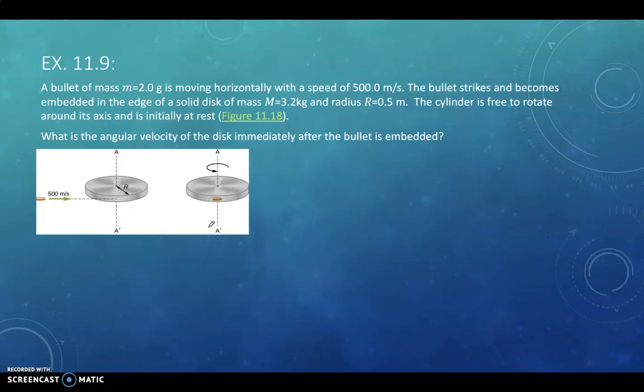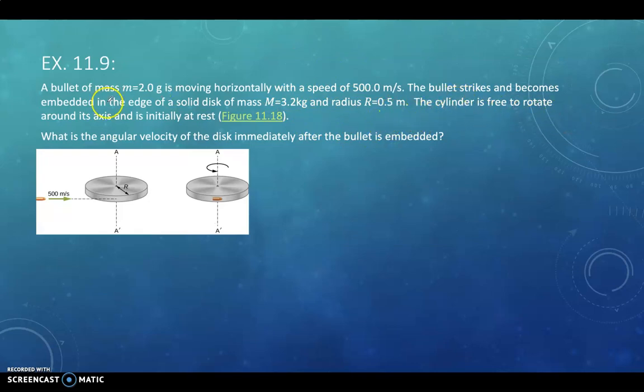Alright, so we're going to look at our last example here, 11.9. It states a bullet of mass 2 grams is moving horizontally with a speed of 500 meters per second. The bullet strikes and becomes embedded in the edge of a solid disc of mass M equal to 3.2 kilograms, and radius r equal to 0.5 meters.